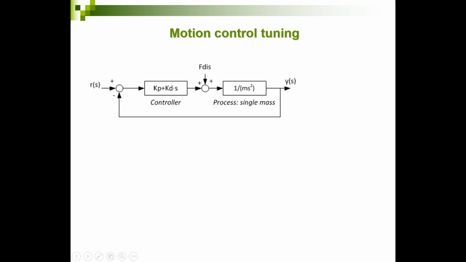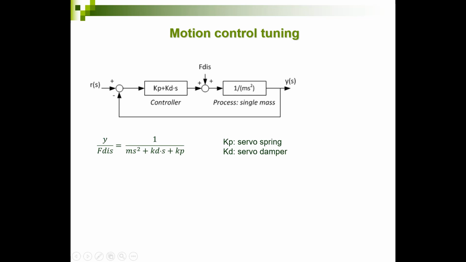And when you multiply the numerator and denominator with ms squared, you get the transfer function y over F disturbance equals 1 over ms squared plus Kd times s plus Kp. So Kd is the derivative part of the controller, Kp is the proportional part of the controller. And I'm going to show you that Kp is nothing more than a servo spring and Kd acts like a servo damper. And why is that?